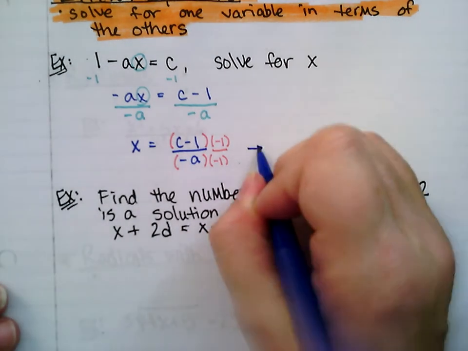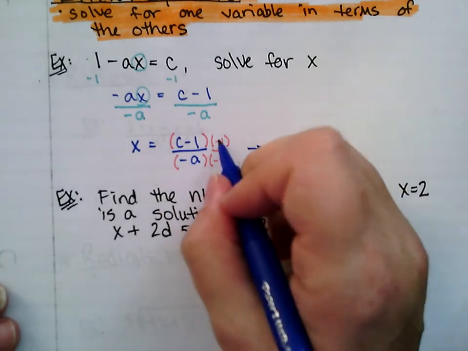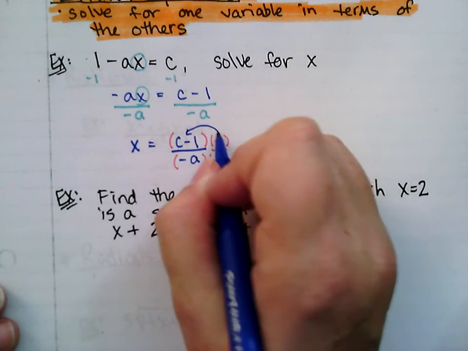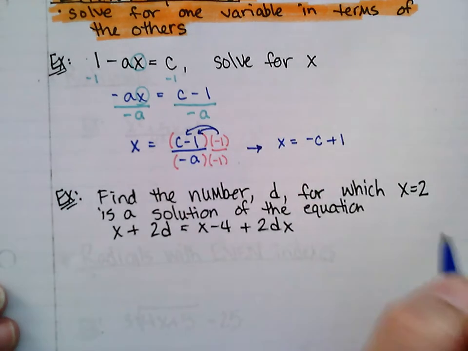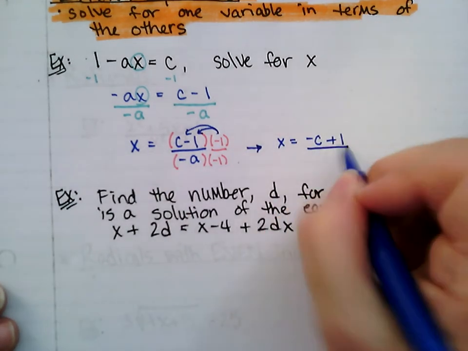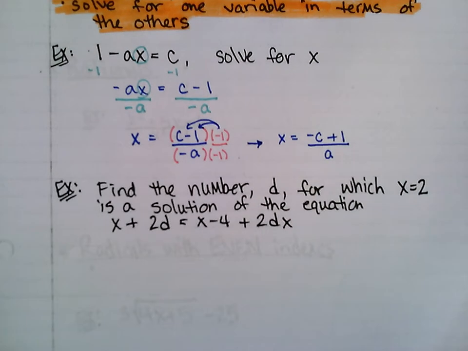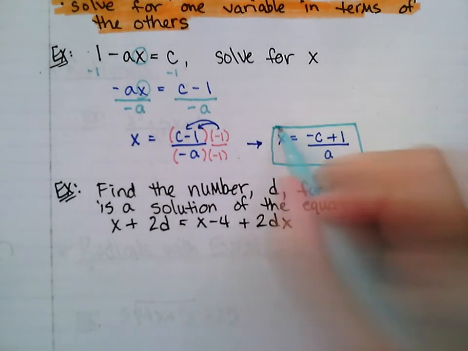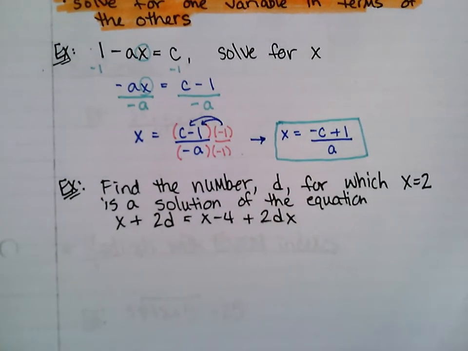That gives me x equals, distributing negative 1 times c and negative 1 times negative 1, negative c plus 1 over a. And that would be the most acceptable answer. You could write it 1 minus c over a if you wanted, but that looks pretty.